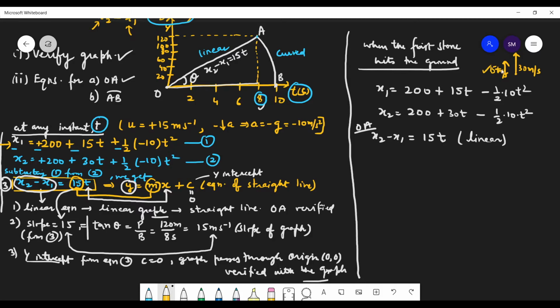So obviously this 15 one is going to hit the ground first. Agreed. So when will it hit the ground? We can find out that time. Is this okay, students? Because when this hits the ground, it will remain there.